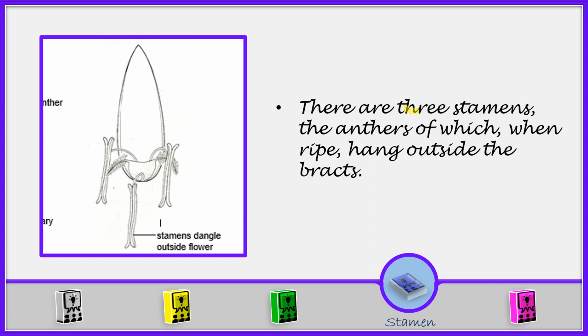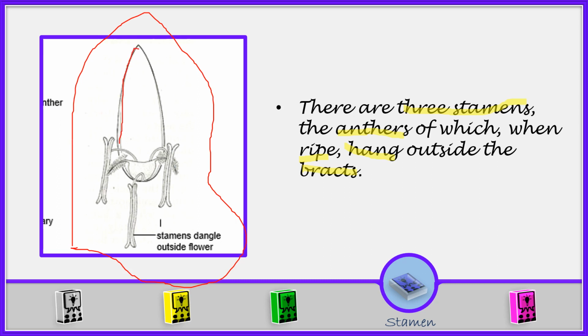There are three stamens, the anthers of which, when ripe, hang outside the bract. So our flower has a covering we are calling the bract, which is this layer, which would be like a petal. It has three stamens.